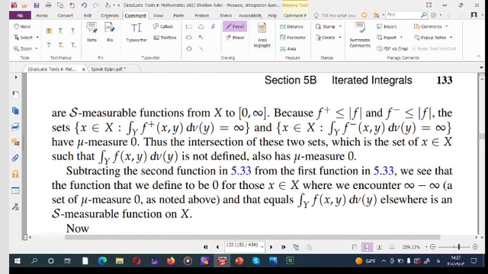This set and this set have mu measure 0, because please note that this set is a subset of this set.